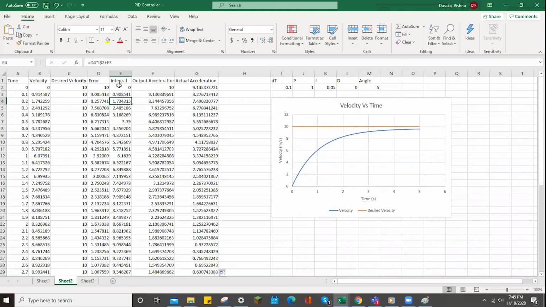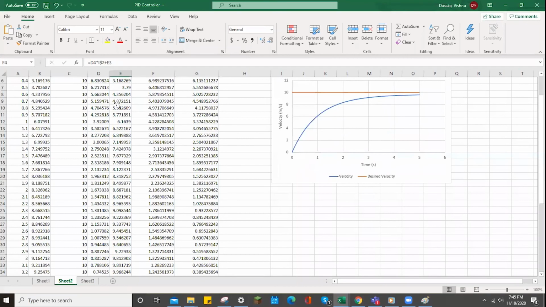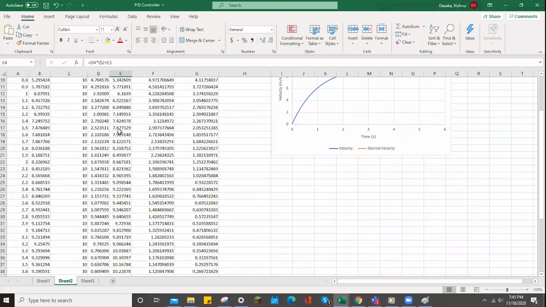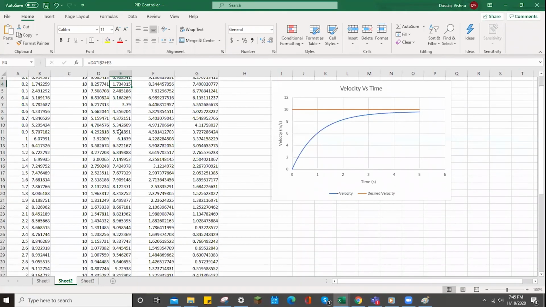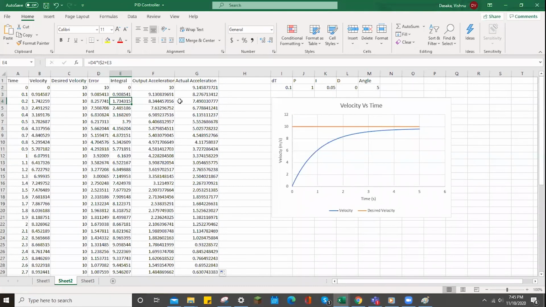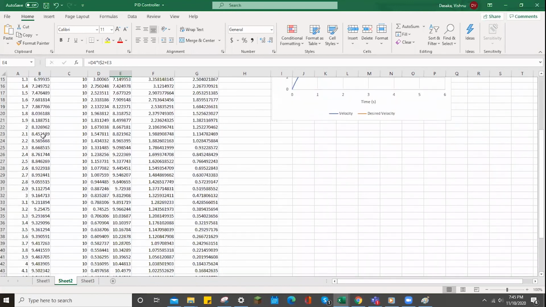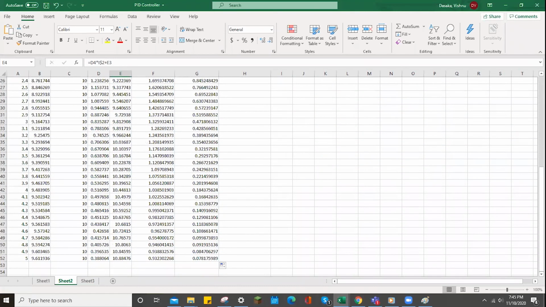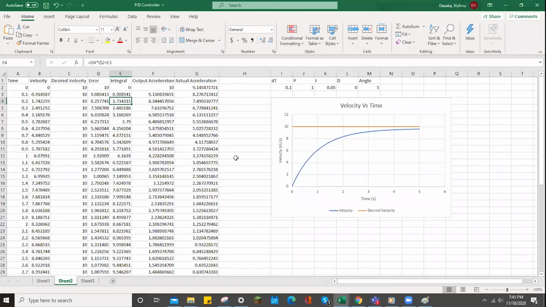So it's accumulating the error over time, which is the integral of it. As the integral keeps getting larger and larger, your actual error gets smaller and smaller, and your velocity reaches the final velocity.